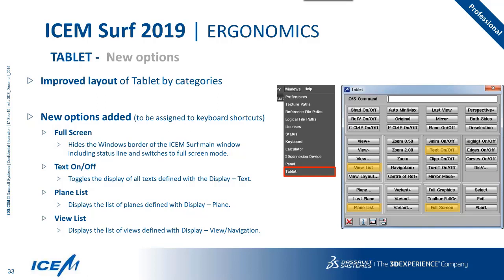We've also added 4 new ones highlighted in yellow. You can now assign text off and on, full screen mode, plane list, and view list to a hotkey. So if you like to use hotkeys a lot, and a lot of experienced users do, we've got some more things now to play with to improve your workflow and speed up your modeling. So some nice enhancements there. I'm very pleased with those.